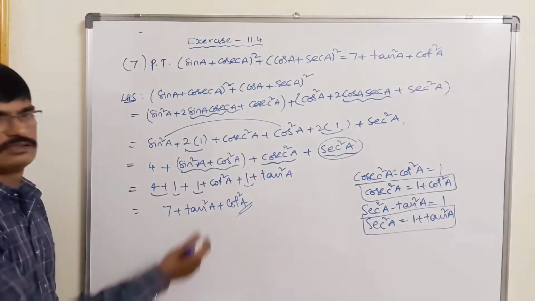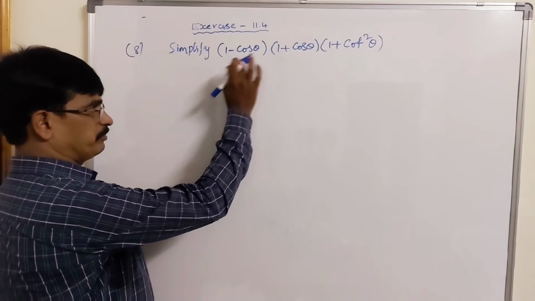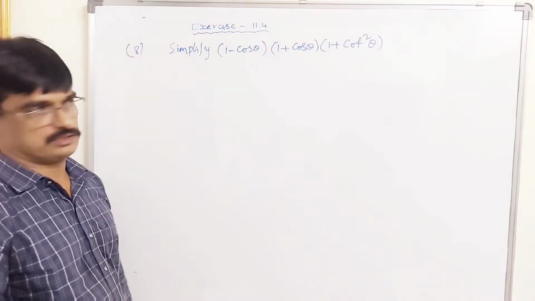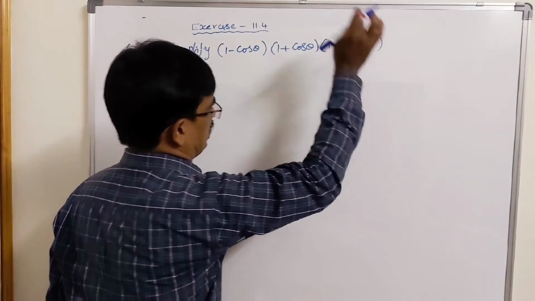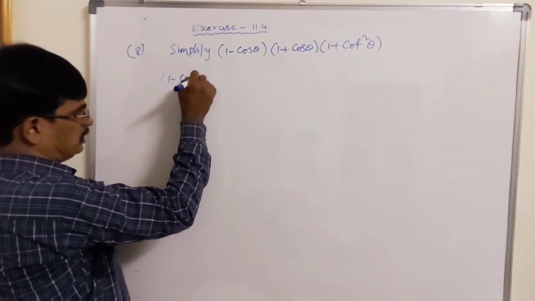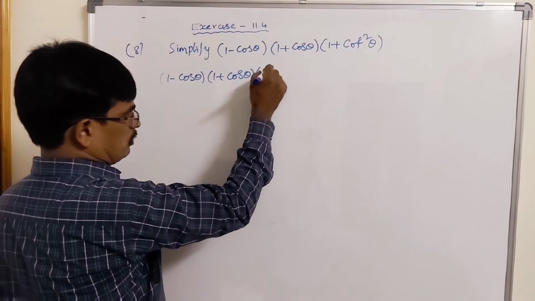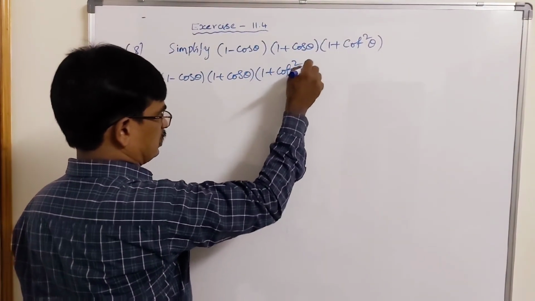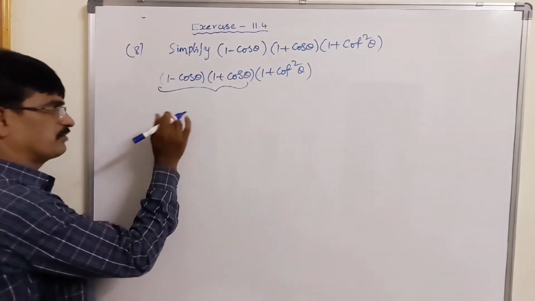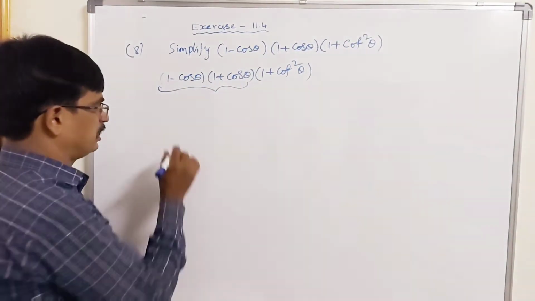Okay. Then simplify 1 minus cos theta into 1 plus cos theta into 1 plus cot square theta. So if you observe this, it is in the form of a minus b into a plus b, that is a square minus b square.